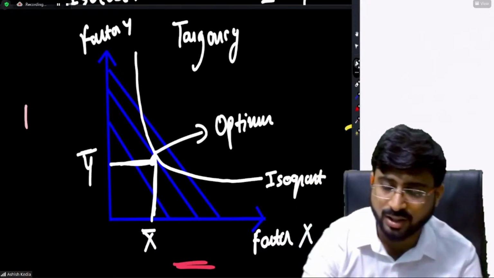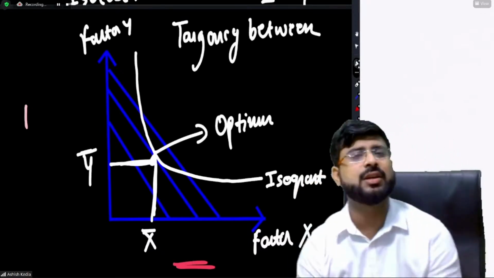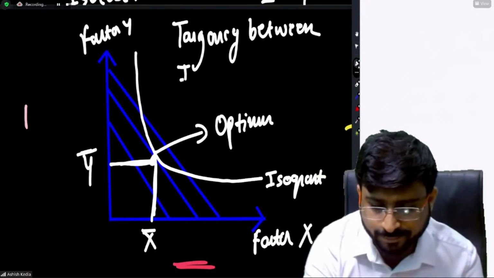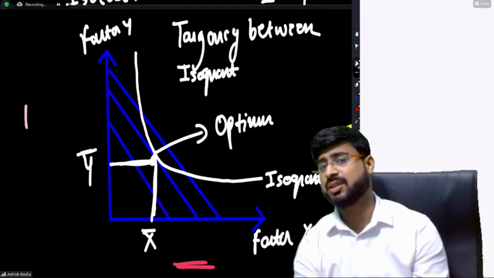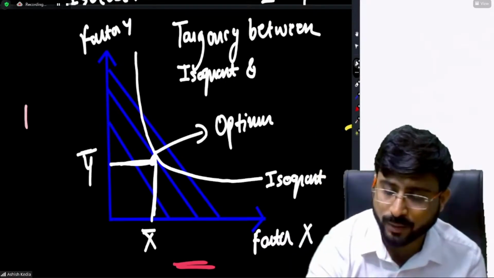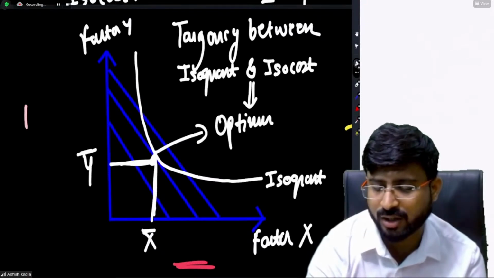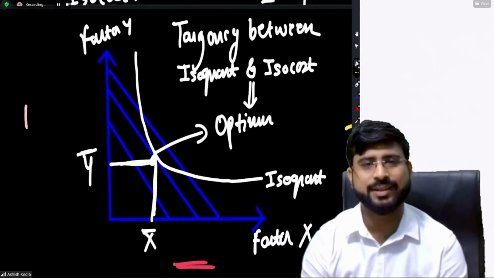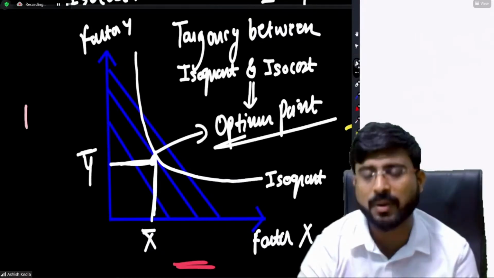The point of tangency between isoquant and isocost gives us the optimum point.